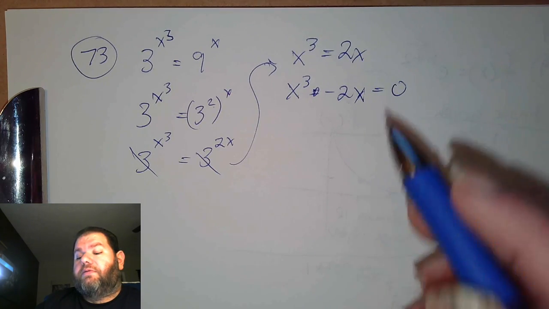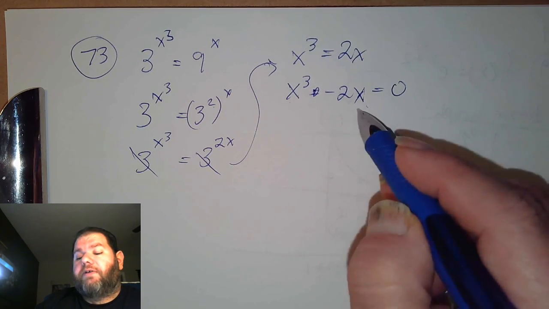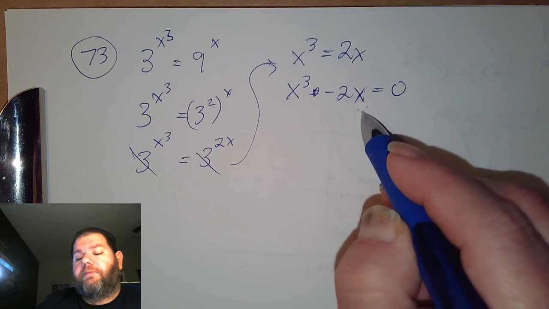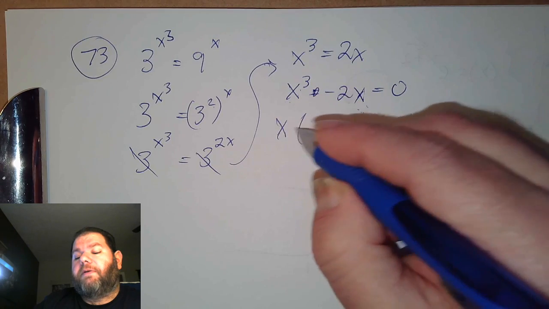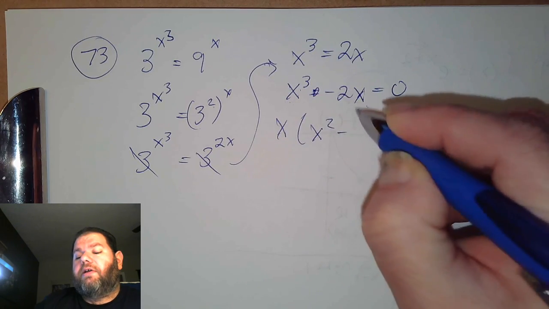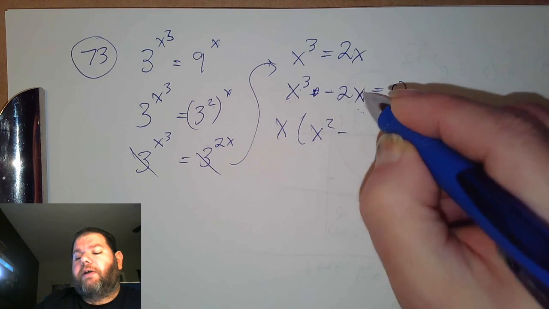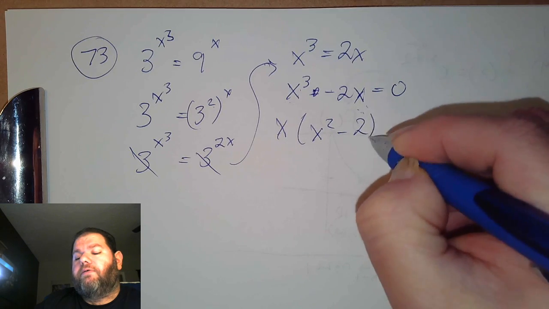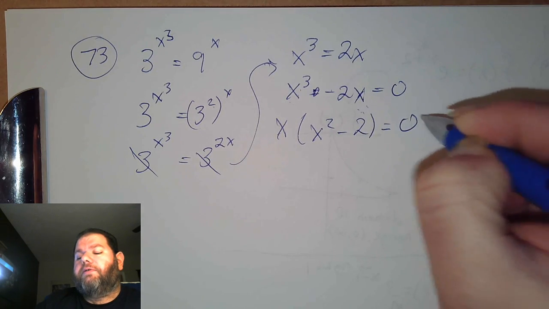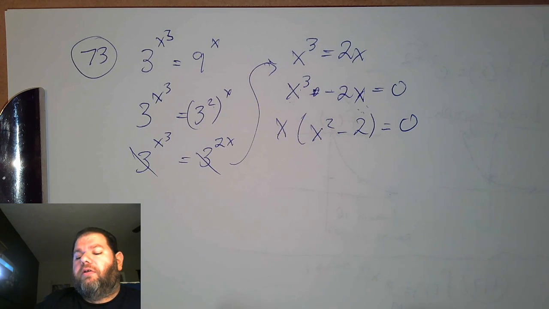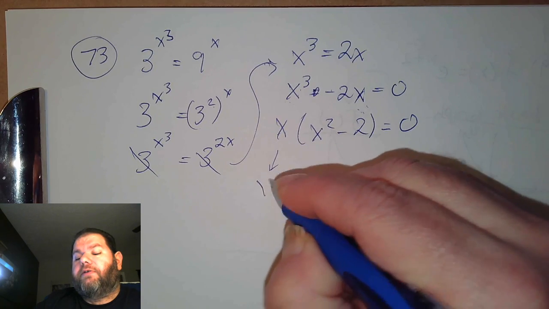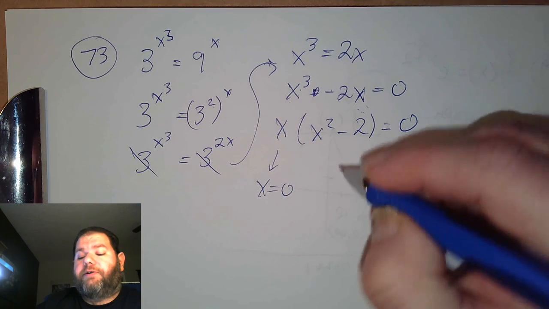So now we have a common factor of x between these two terms. So we divide out an x. x cubed divided by x leaves x squared, minus, and then 2x divided by x leaves a 2, equals 0. We can set this part equal to 0, which gives us x equals 0.